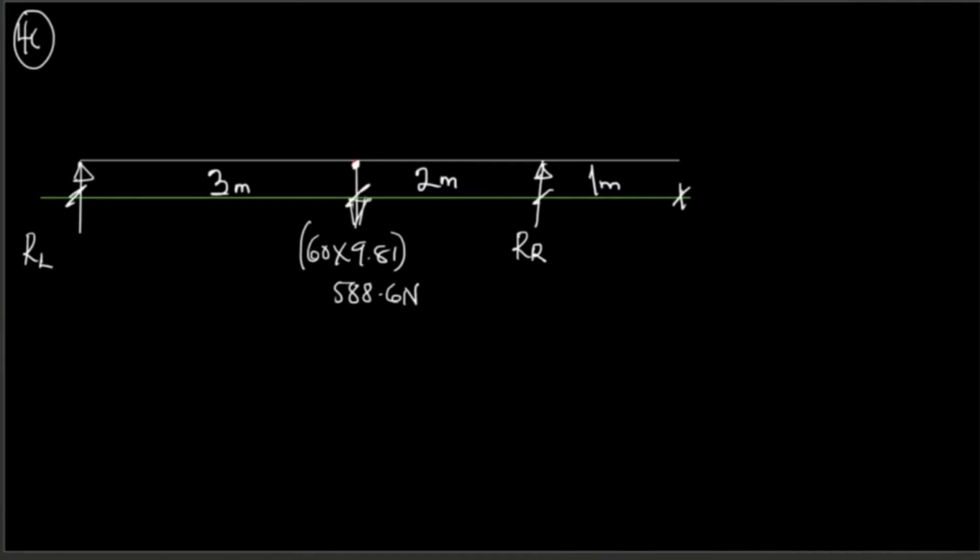The condition for the last one, 4C, is that the reaction in the right hand support is twice that of the left, and the concentrated load is given to be 400 newtons.